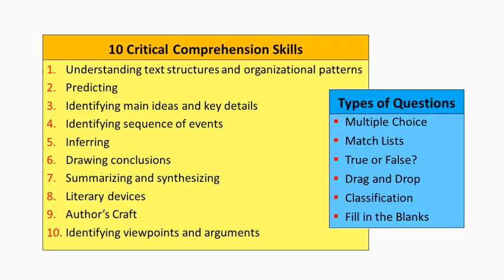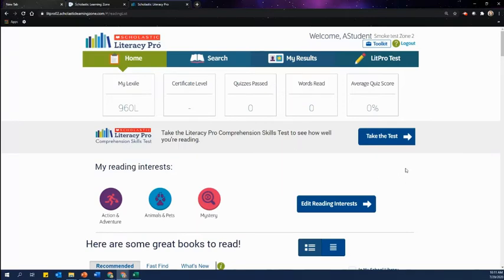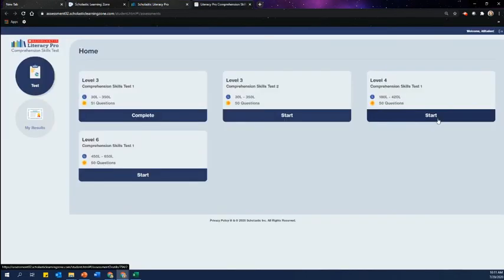The types of questions in each test include multiple choice, match lists, true or false, drag and drop, classification, and fill in the blanks. Click here to take the test. Next, click Start to proceed.